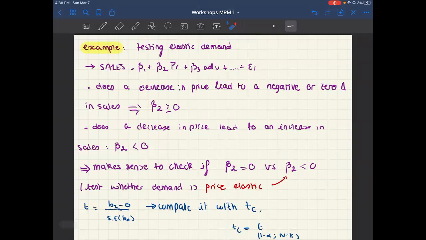Here we have a small example. Let's say sales is a function of price and advertising. We want to know if a decrease in the price leads to a negative or zero change in sales.